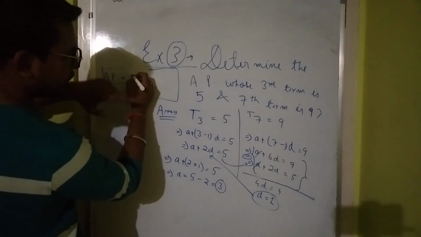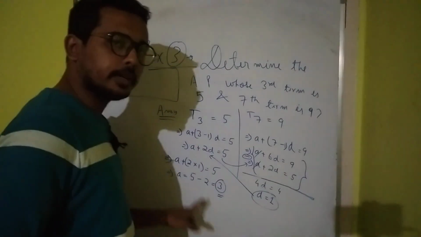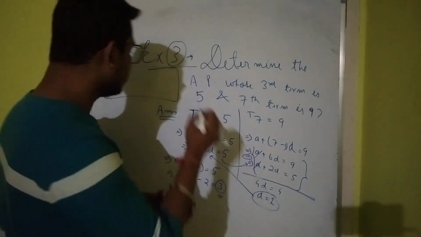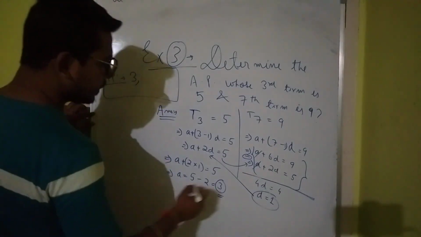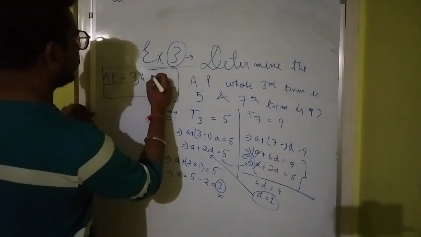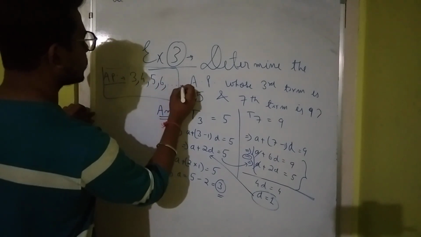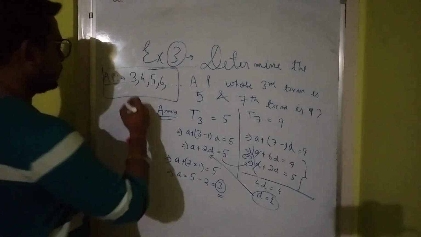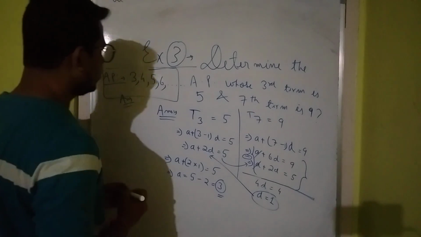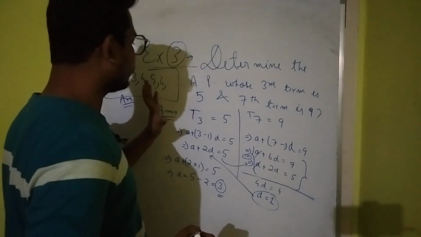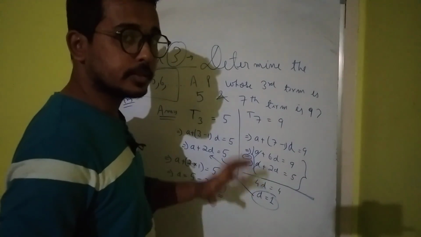AP बनेगा first term is 3 because a means the first term, right? So 3 plus 1 करते रहना है, 4, 5, 6 and so on. So this is our answer. Okay, 3, 4, 5, 6 is the required AP.